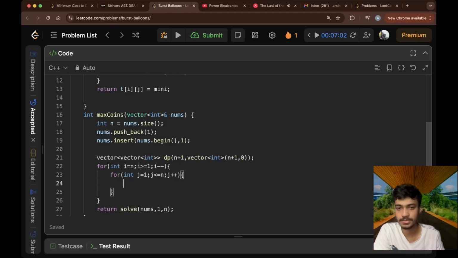Now the base case is that if i is greater than j, continue.